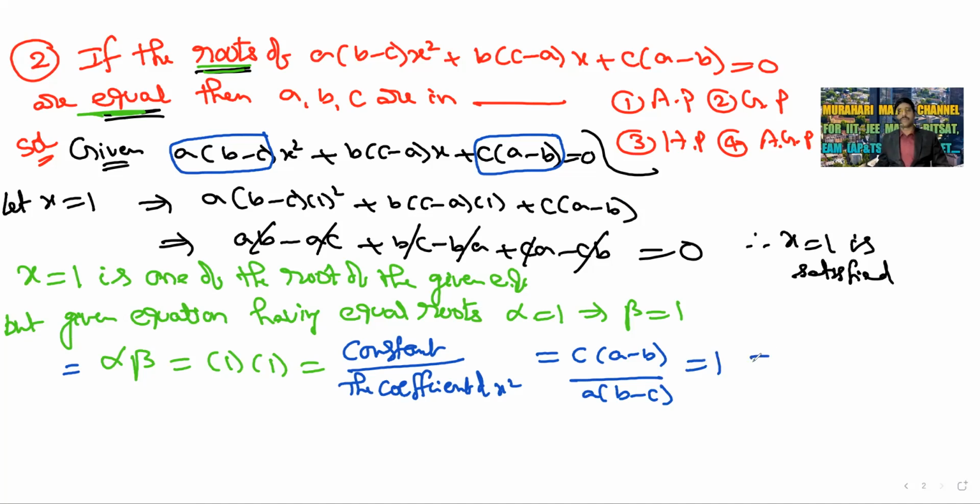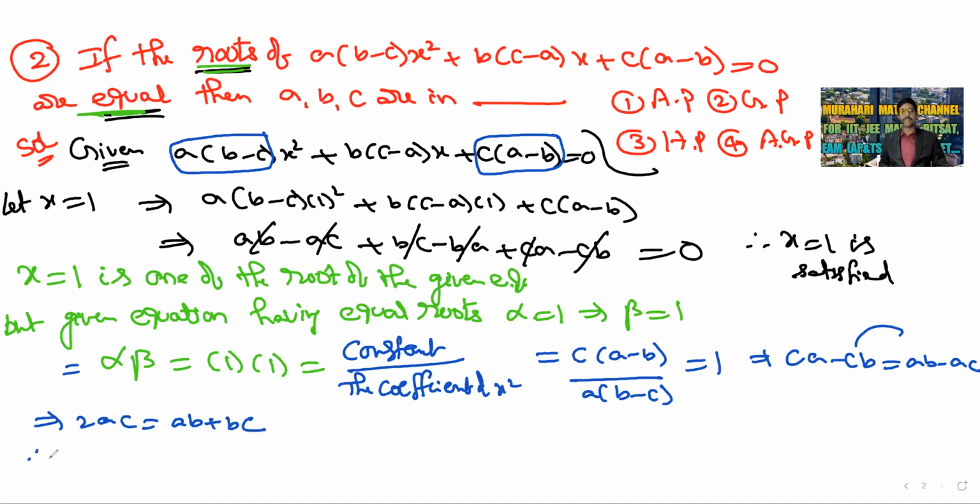Let us do cross product. It will be ca minus cb is equal to ab minus ac. So minus ac, bring to the left side: 2ac is equal to minus bc, bring to the right side, ab plus bc.